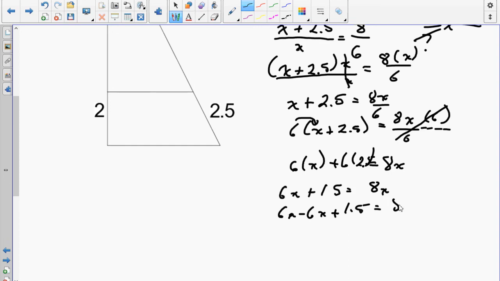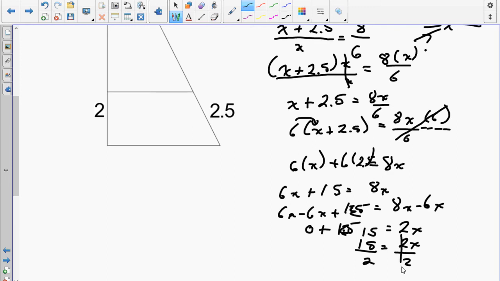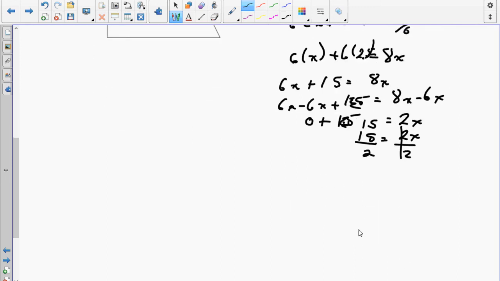And that's equal to 8x take away 6x. Well, this becomes 0. So I'm now down to 0 plus 15. Let's not get mixed up here. And 8x take away 6x is 2x. So now I've got 15 is equal to 2x. Divide both sides by 2 so that these will cancel, right? And now I'm down to x on my right and 7.5 on my left.